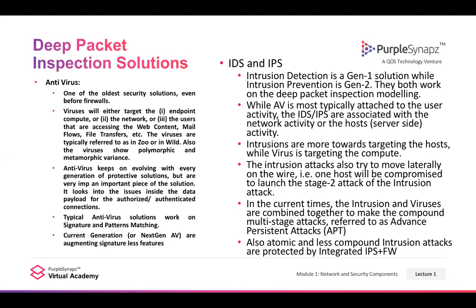For example, for a bank which does not have browsing users inside their data center, the risk of virus is much less than the risk of intrusions, because they are hosting the applications and servers inside their data center. However, consider a born-in-cloud company which is creating toon content, a cartoon company.